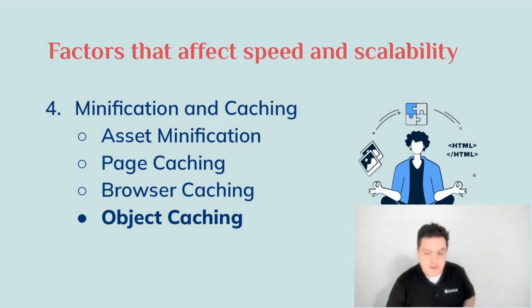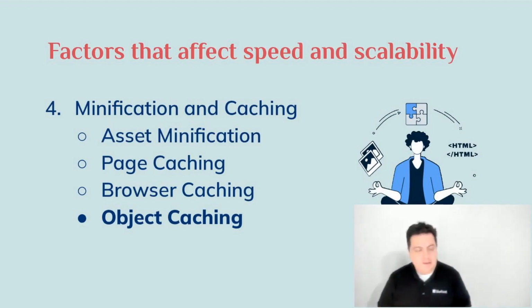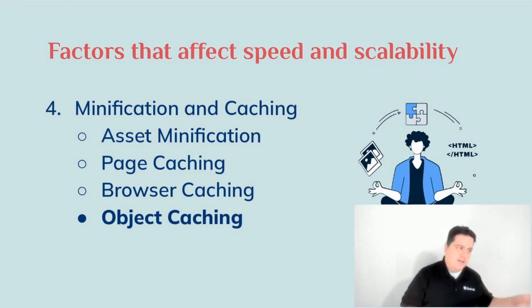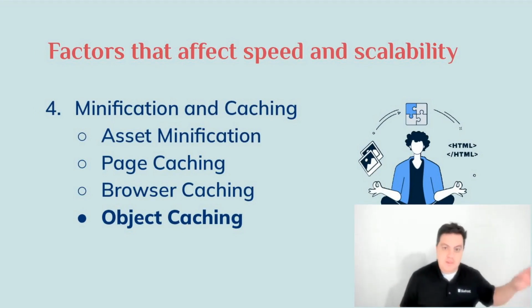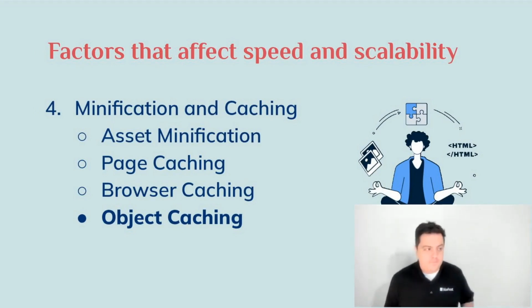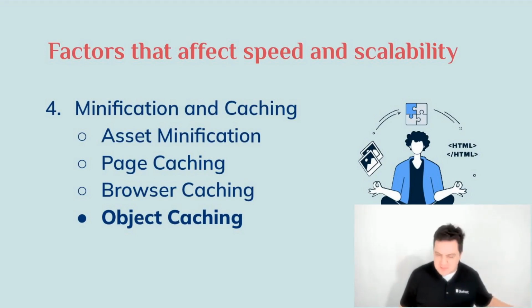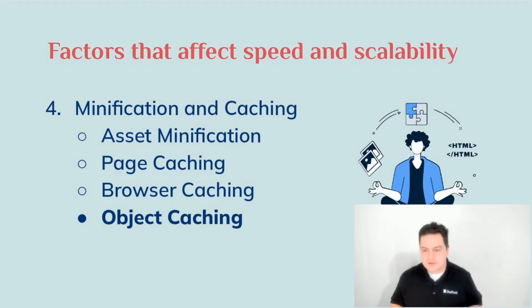So that would be a situation where object caching would help a lot, because you could do things like, every time I ask the database, hey, what are all the active coupons right now? The answer to that might be the same for every user. That's just a made up example, but things like that. So that's object caching. It can be very helpful if you've got a hosting provider that supports it.